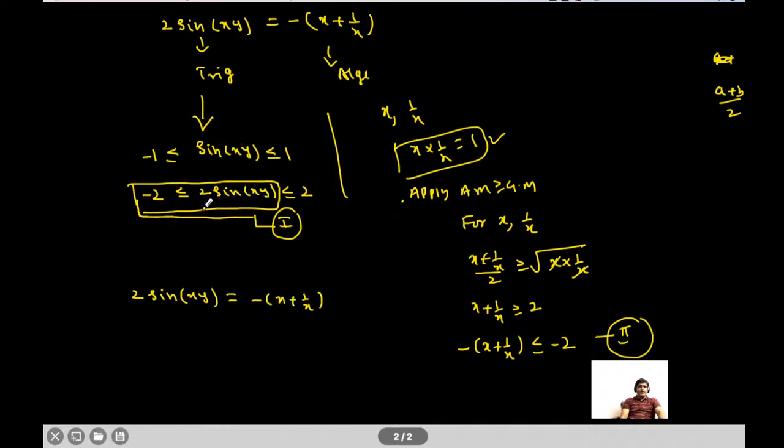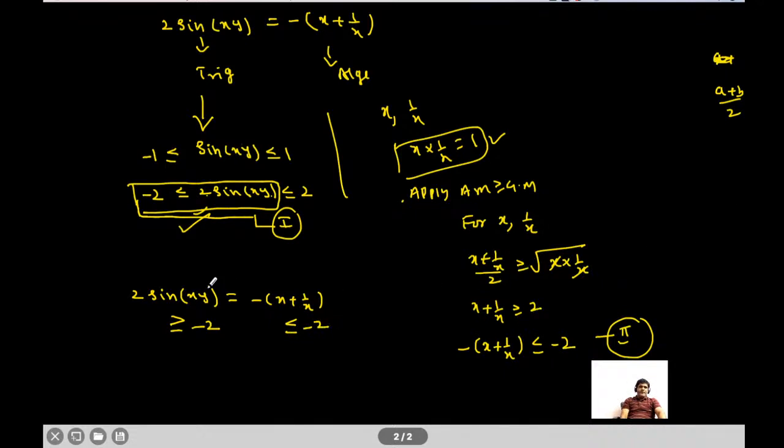From the first one, 2 sin xy, the LHS, is always greater than or equal to minus 2. From the second one, the RHS is always less than or equal to minus 2.